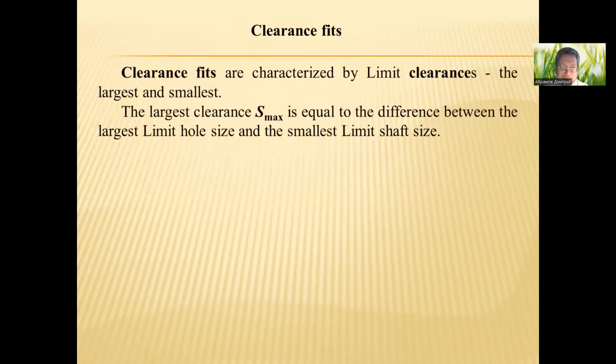First group, clearance fits. Clearance fits are characterized by limit clearances, the largest and smallest. The largest clearance, S suffix maximum, is equal to the difference between the largest limit hole size and the smallest limit shaft size.